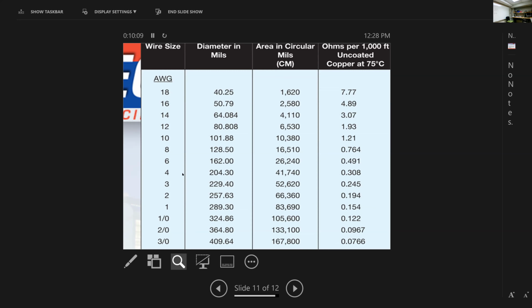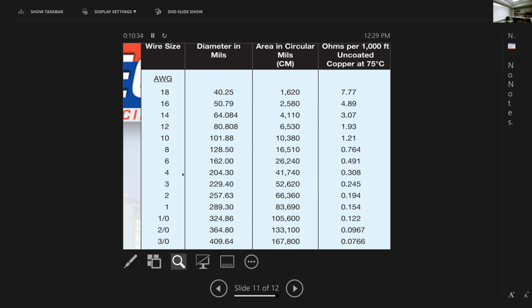And if you go to a larger wire, a number 12, for instance, is bigger. Your circular mils is bigger, and the resistance goes down. So 1,000 foot of that would only be 1.93 ohms. The bigger the wire, the less the ohms. If I go down, say, to a number 10 wire, then it's only 1.21 ohms for 1,000 foot.